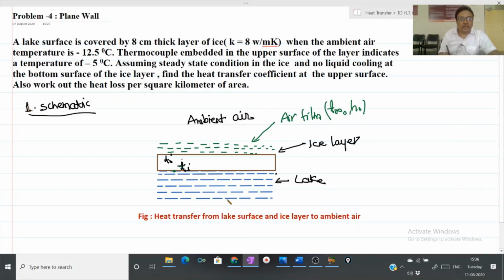What will be the temperature of this face of the ice? That is to be determined.